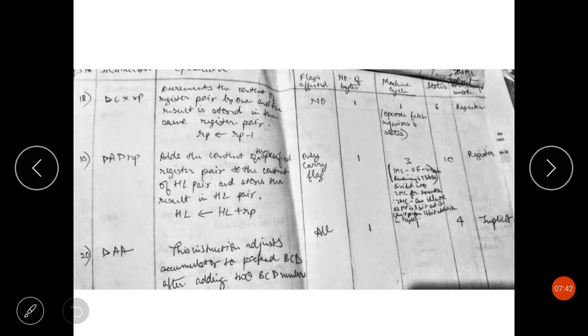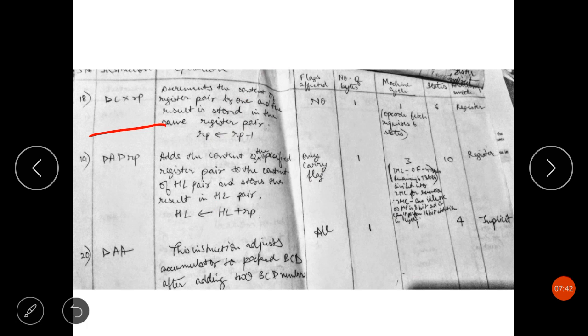Now the next instruction is DCX RP. Again it is a decrement instruction. It will decrement the content of a register pair. RP can be any register pair of the 8085 microprocessor like BC, DE, HL, and when you mention the register pair in the instruction, you have to write the register which is carrying the most significant byte of that 16-bit data.